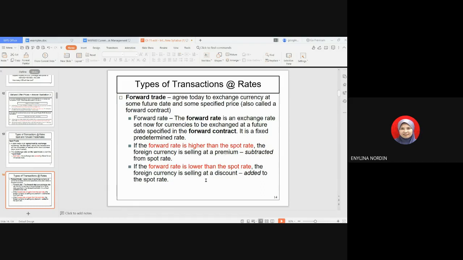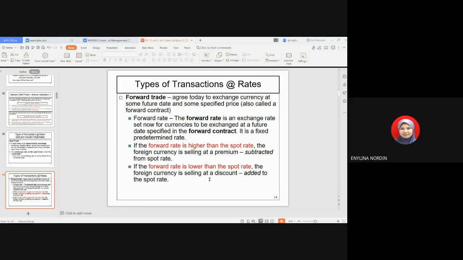Okay, if the forward rate is lower than the spot rate, the foreign currency will be selling at a discount, right? This discount will be added to the spot rate. You akan plus dengan spot rate. Spot rate is apa tadi? Current rate. Okay, kalau premium dia adalah 0.5 and then spot rate dia adalah 1.5, so that means currency dia will become 2.